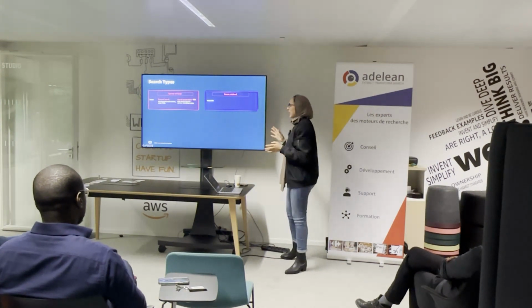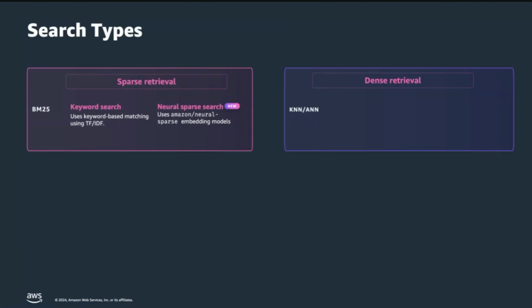Okay, so KNN is the brute force similarity search. In vector space, which is the dense retrieval, the data is presented as vectors, as embeddings. Basically, an embedding is an array of floats, all right? And these arrays of floats live in high dimensional space. It can be thousands of dimensions, all right?